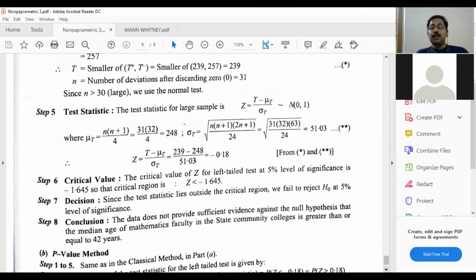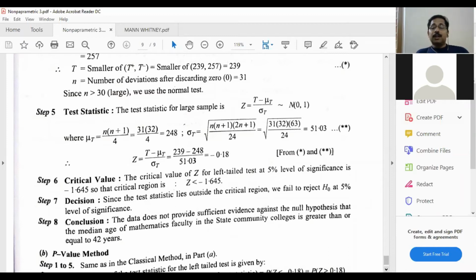It is left tail, and the level of significance is 5%. So you use the standard normal table for one tail test. The values are given for two tail and one tail. Then how to find out one tail or two tail? Based on alternative hypothesis.